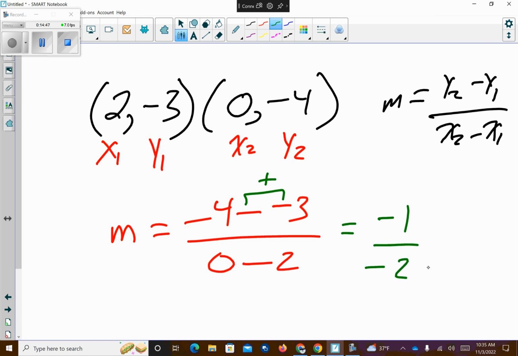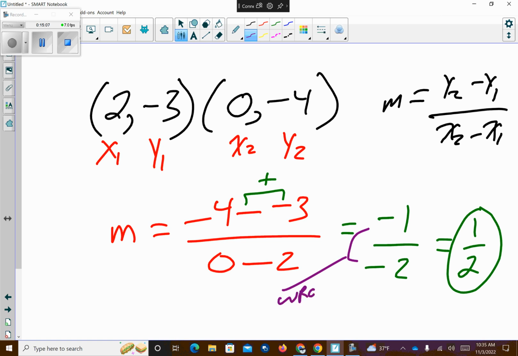Now I saw a couple of you with this, which is great. What does this reduce to? No, it just becomes 1/2. Use the reduction of signs. So -1 over -2 is not technically right. I saw a couple of you that went from this to this. I'm going to say this is wrong. You went from 2 negative signs to 1. Well, where'd one of them go?